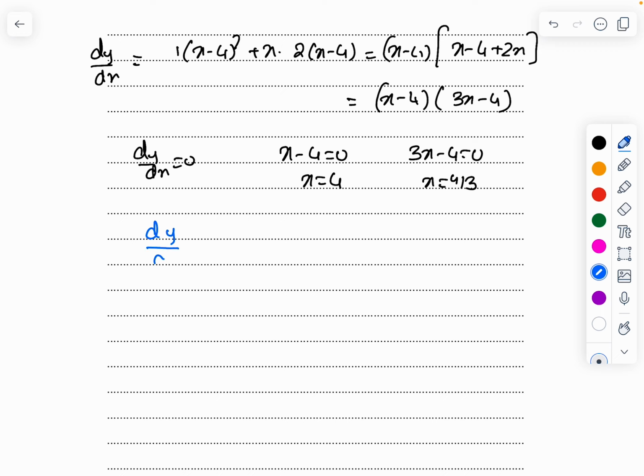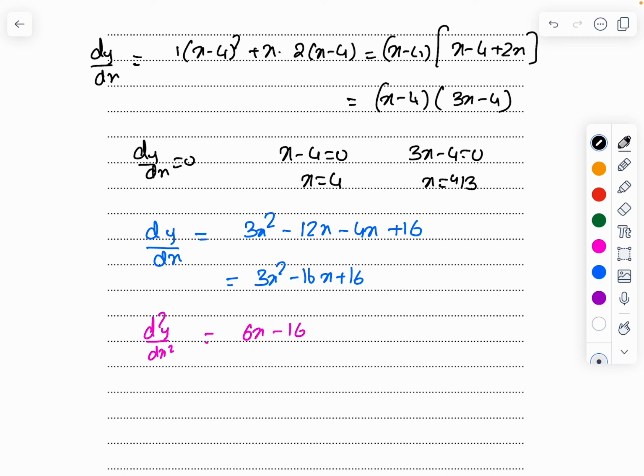First I'll find dy by dx, which is 3x squared minus 12x minus 4x plus 16, which is nothing but 3x squared minus 16x plus 16. Then I'll find the second derivative, d squared y by dx squared, which is 6x minus 16.